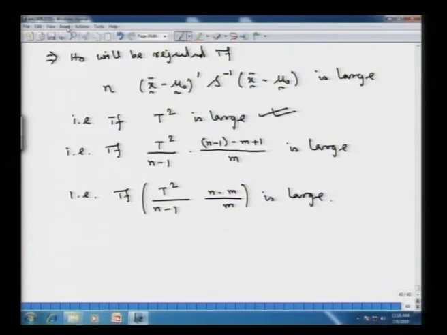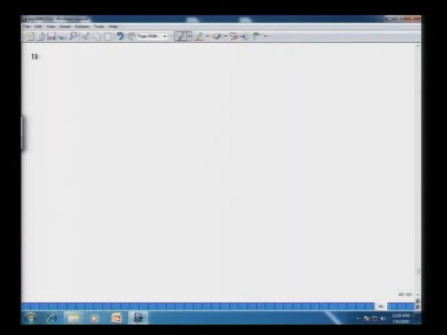So we will have these terms here. Let me first talk about the confidence region for the mean vector mu.